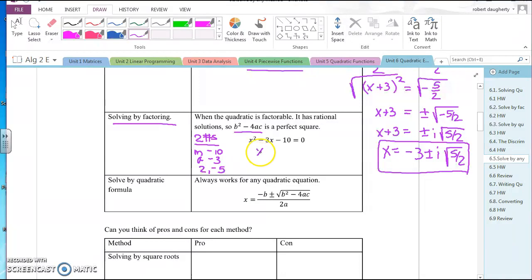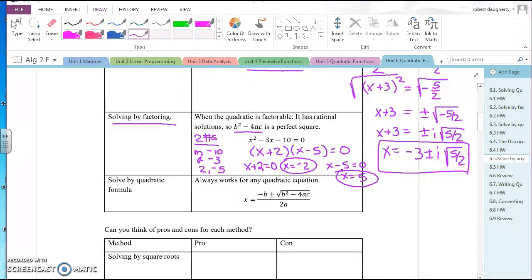So that means this can be written as x plus 2 times x minus 5 equals 0. Two things multiplied to be 0 means that x plus 2 equals 0, or x equals negative 2. That's one solution. Or if x minus 5 equals 0, then x is equal to 5. So if it's factorable, I'll get those two solutions.